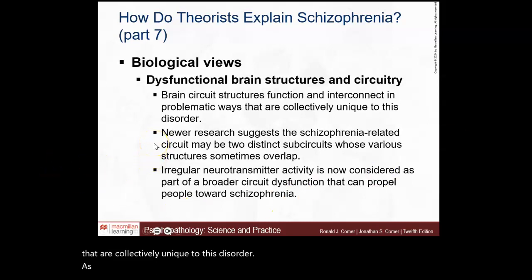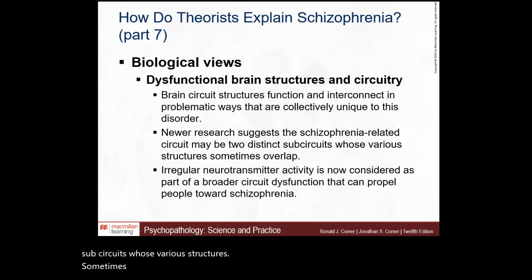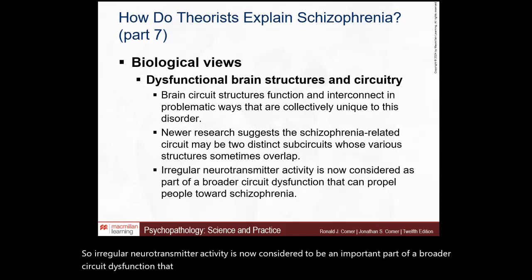As you can see, newer research suggests the schizophrenia-related circuit may be two distinct subcircuits whose various structures sometimes overlap. So irregular neurotransmitter activity is now considered to be an important part of a broader circuit dysfunction that can propel people toward schizophrenia.